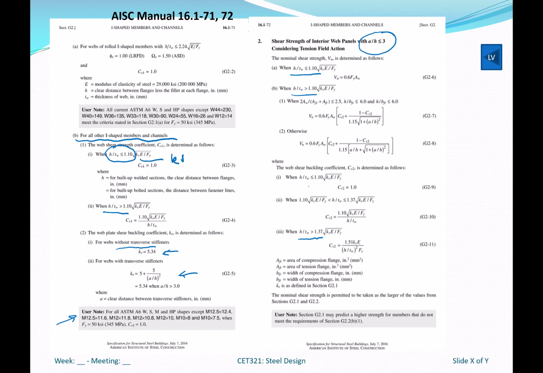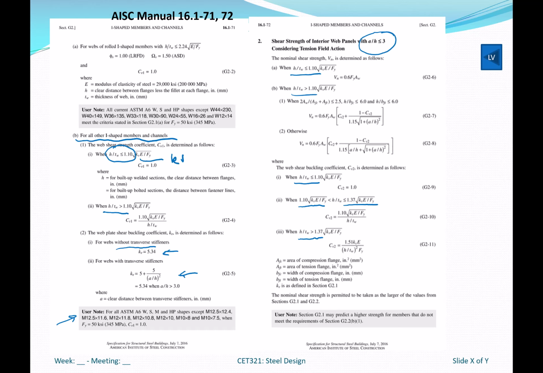So this is probably a real good synopsis, right? So shear strength is a function of the h over t ratio, times this C sub V value, less than 1.1, greater than 1.1 but less than 1.37, and then finally greater than 1.37. So hopefully that sounds familiar, right?